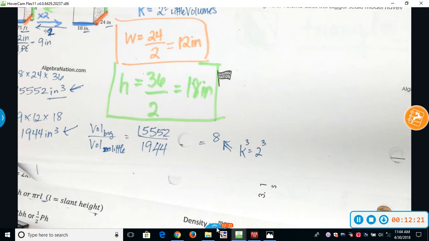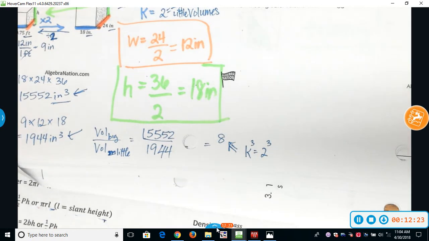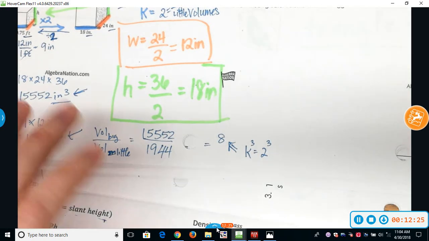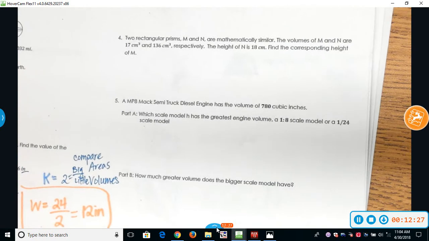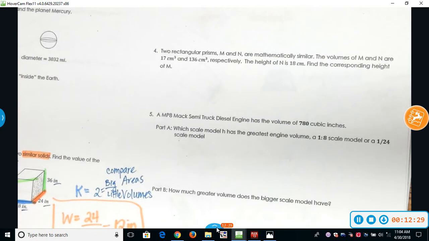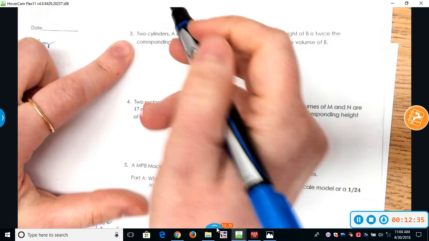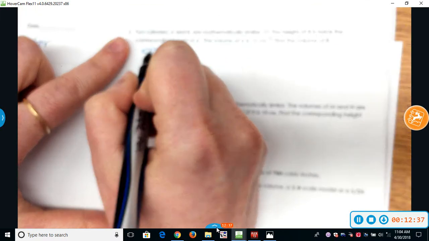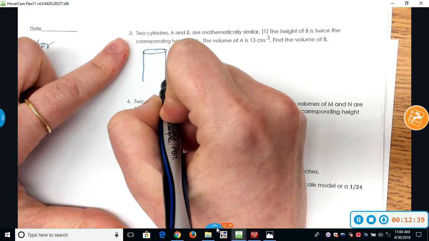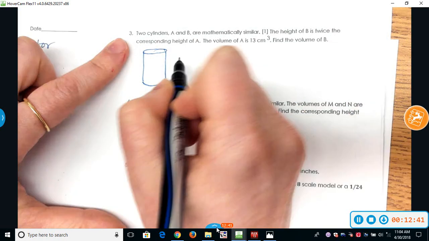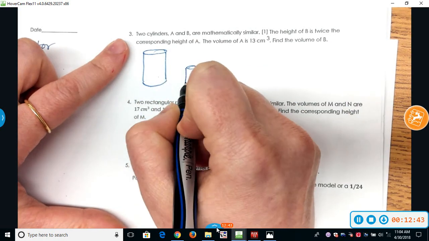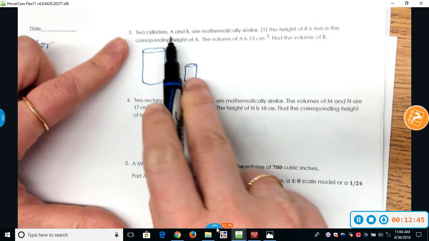All right, so let's look at some other example problems on this one. Okay, I'm going to do 3 and 4. So, for number 3, they tell you you have 2 cylinders. I'm going to go ahead and draw 2 cylinders because I like to visualize them. A and another one.